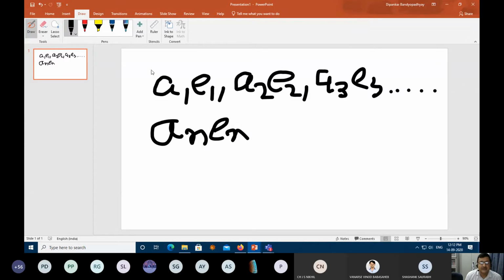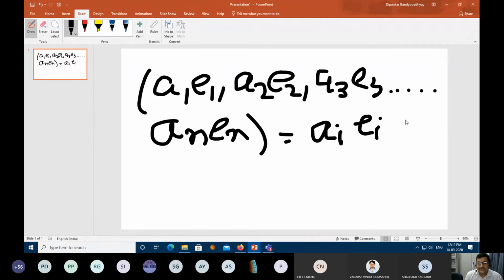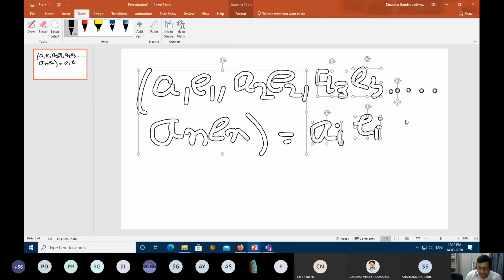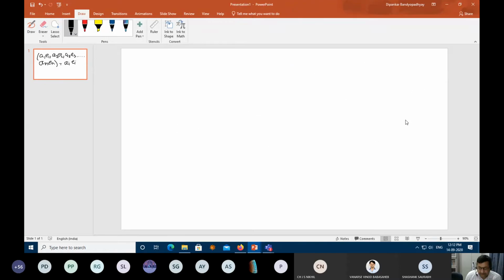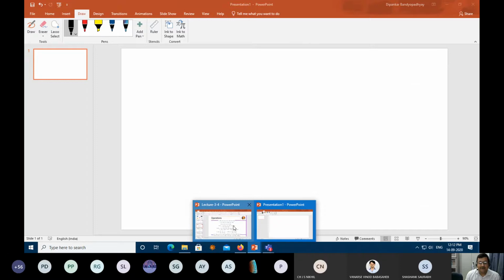This is essentially what you write as the sum of AI EI. So this is the way of writing an n-dimensional vector in the simplified form. Okay, very good. Now once that is done, then what happens?